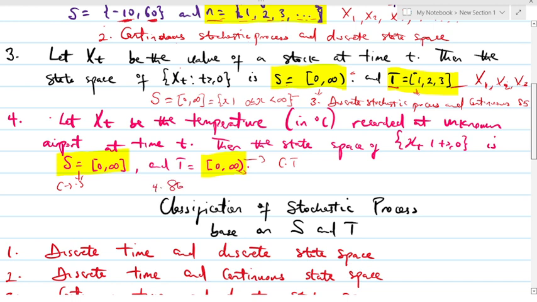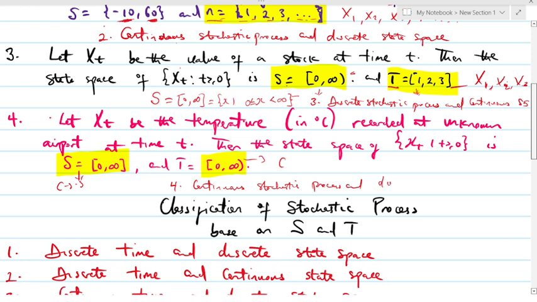Because of this, that will be classification 4. That should be a continuous stochastic process. So we have a continuous stochastic process, and the state space now, which is discrete.